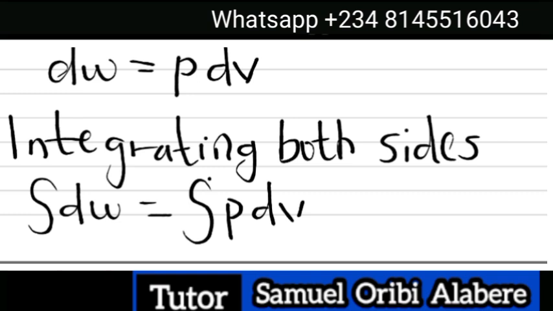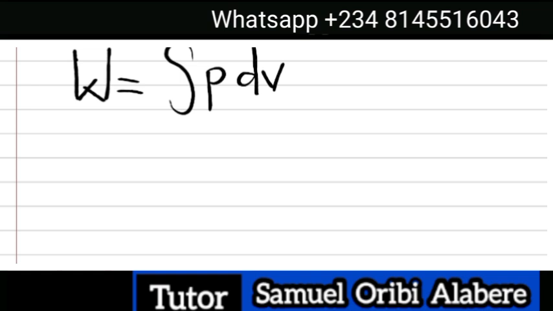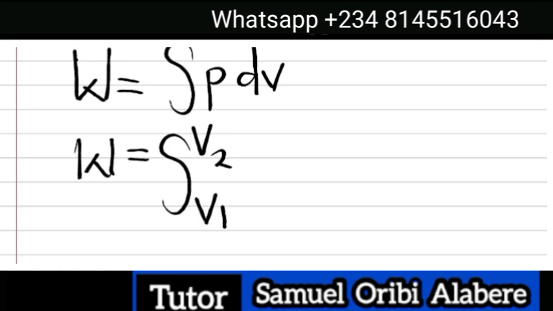So W is equal to the integral of P dV. But we should take note that the work done is then equal to the integral from V1 to V2, where V2 is the upper limit and V1 is the lower limit, of P dV.